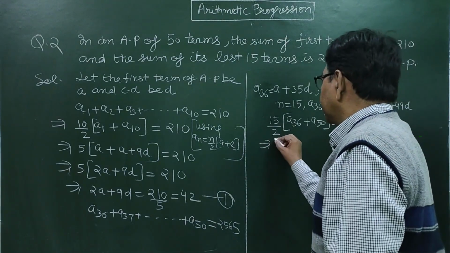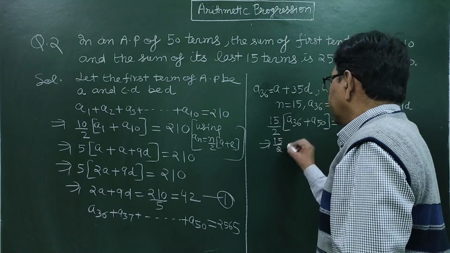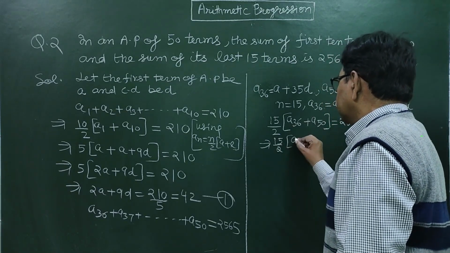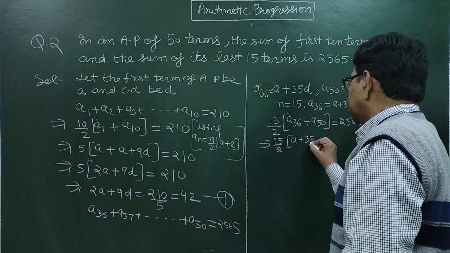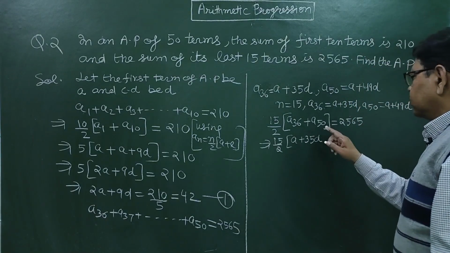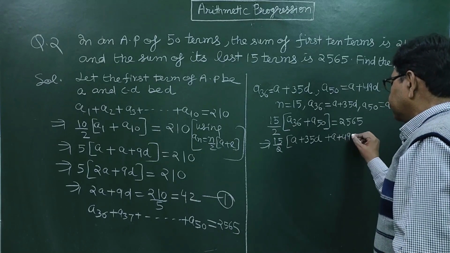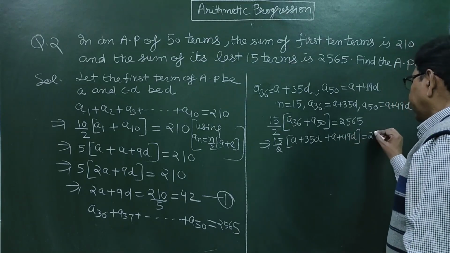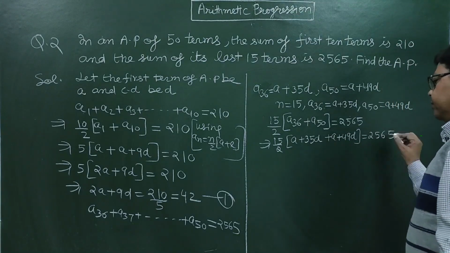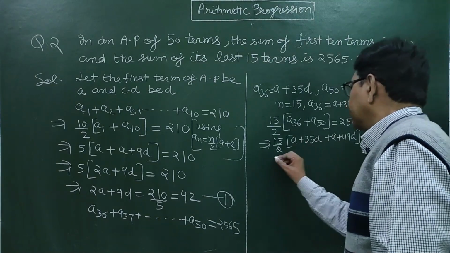Now 15 upon 2 into A36, which is A plus 35D, plus the 50th term, A plus 49D, is equal to 2565. A and A is 2A.